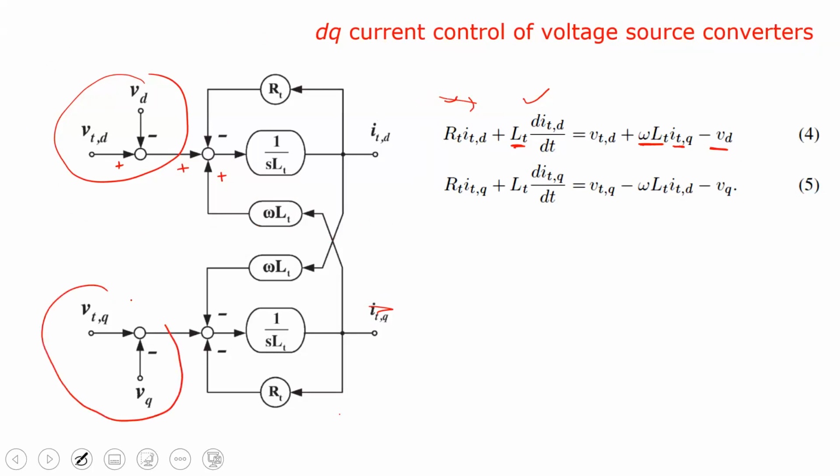So VTQ minus VQ here, right? And this is the ITQ current, and it's multiplied by RT here, all right? This is also multiplied by... so what will you get here, plus or minus? I think this is minus, right? Agree?